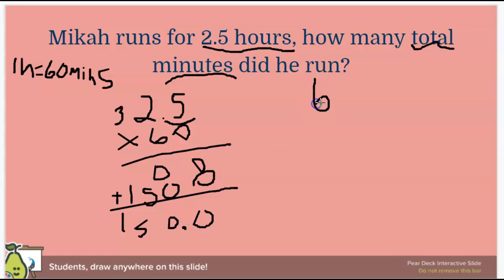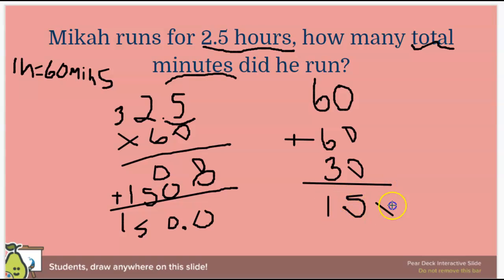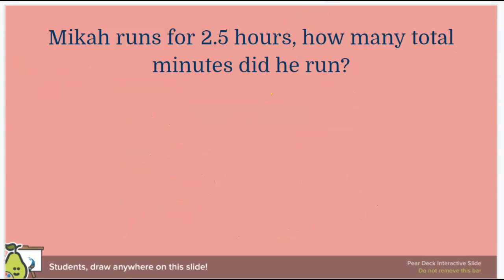Now I told you that some people were saying, okay, well, I know it's 2 hours. So that's 60 plus 60. Plus half of an hour, which would be 30. If you notice, that still also gets me 150 minutes. So same answer, totally good. There's always a lot of different ways to get to the same answer in math.